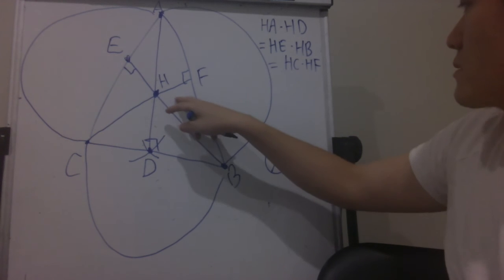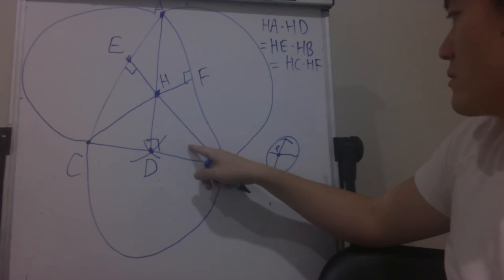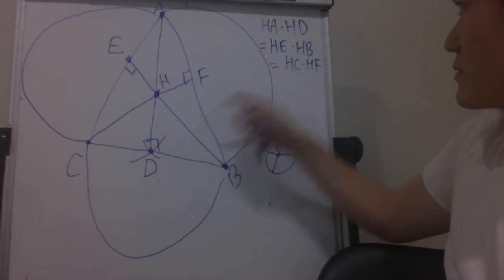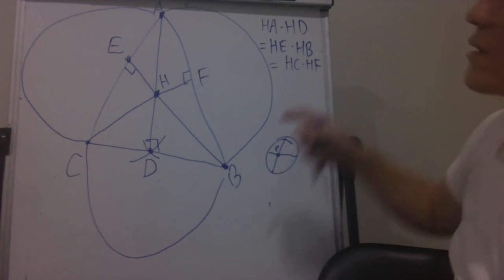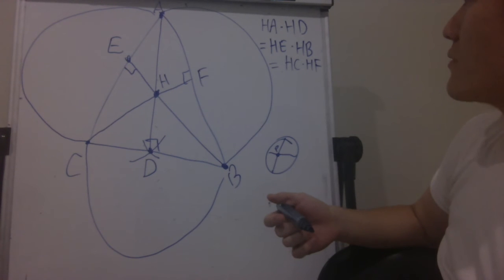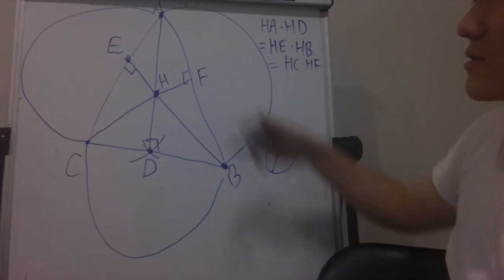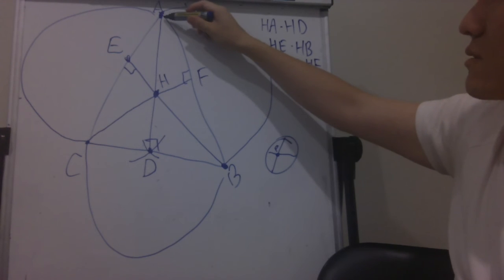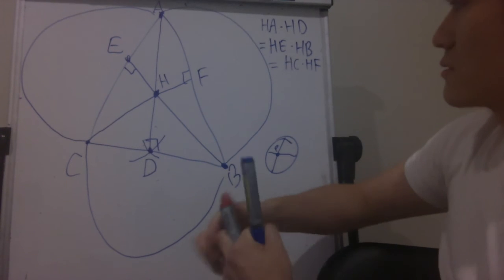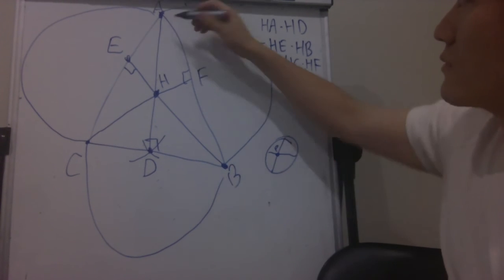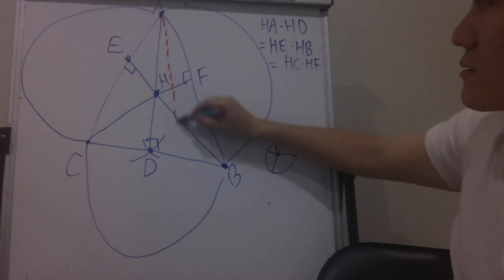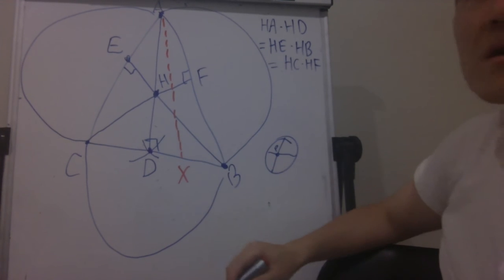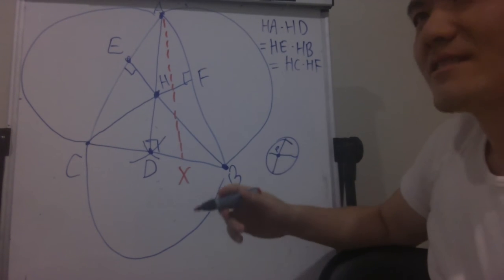Okay, so you get this as equal, right? And it's kind of interesting that if you took any, I guess it's Cevian or whatever, anything like AX, right?